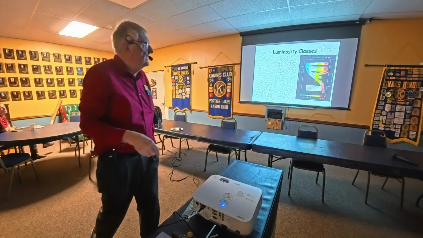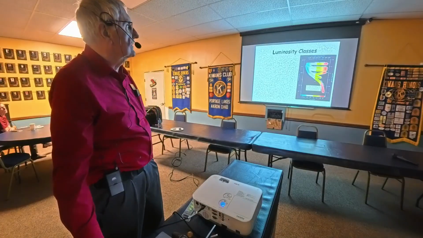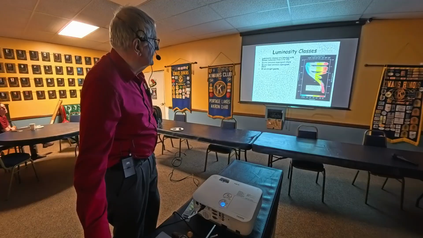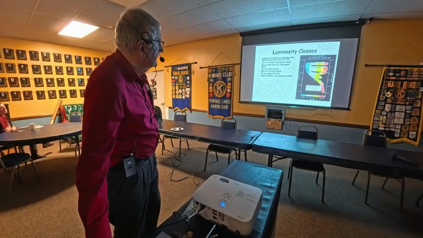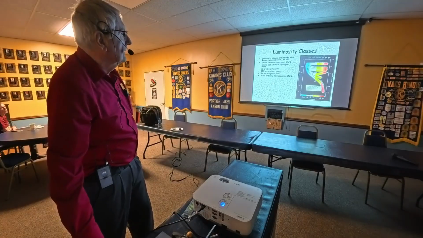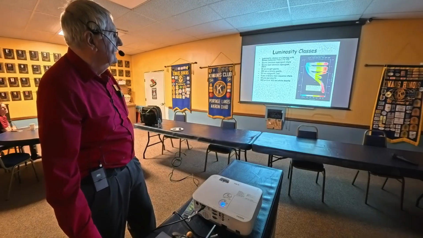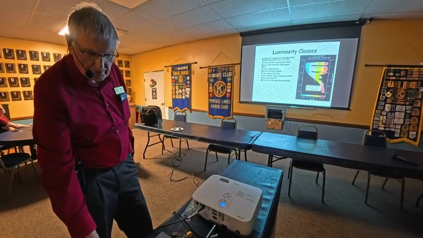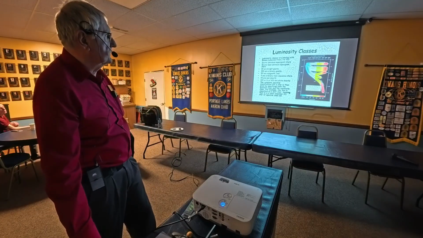Those are the luminous and less luminous supergiants. So a 5 is a main sequence star. And then not shown on here are the 6s and 7s, which are the dwarfs and the subdwarfs.